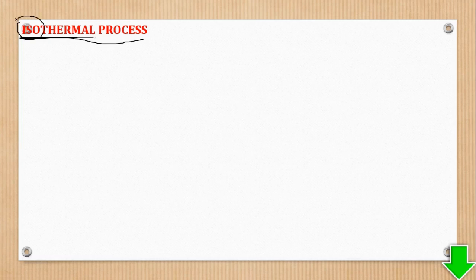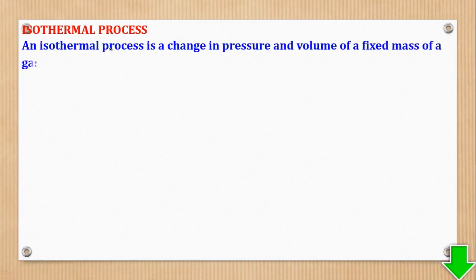Iso means same, then thermal means temperature. So when they say isothermal, what should come to your mind is that temperature is constant, but the rest can change. Remember, the changes we're interested in are pressure, volume, and temperature.